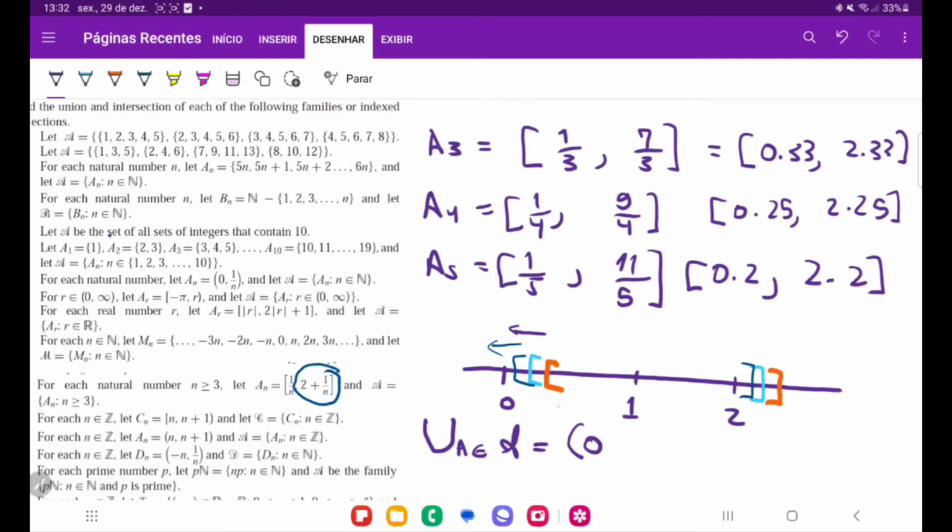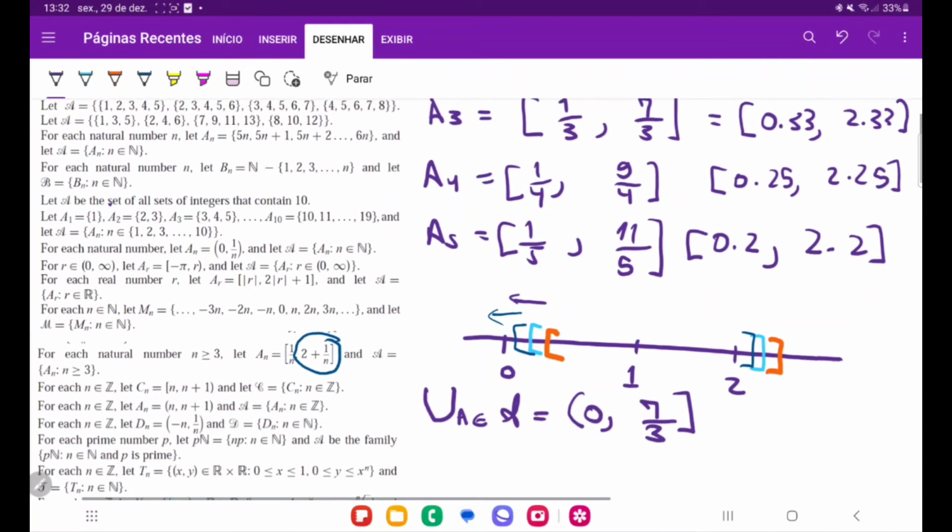So the union begins at 0 excluded, and then let's see where it goes. It goes all the way out to 7/3. That's the biggest value that it can have, because we can see that it begins at A3, which is 7/3, and then it gets closer and closer to 2. So that's the biggest value.